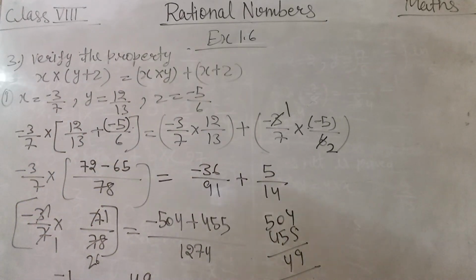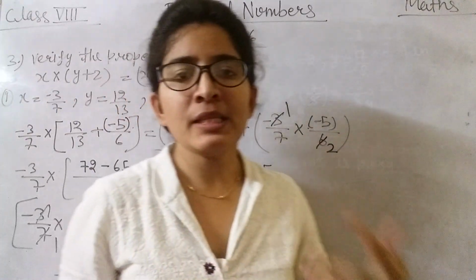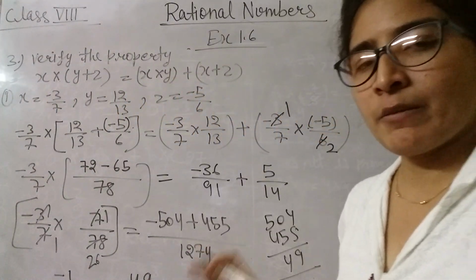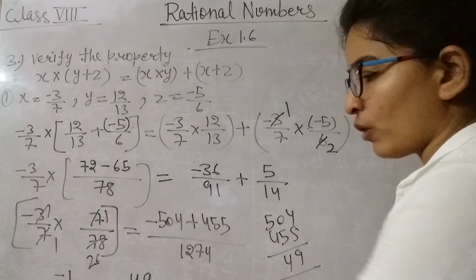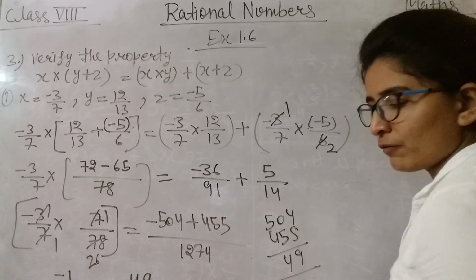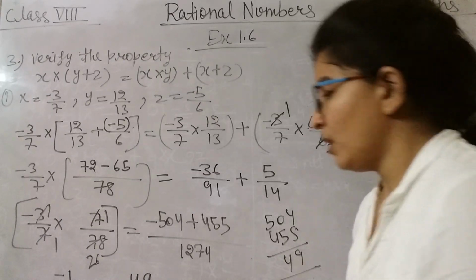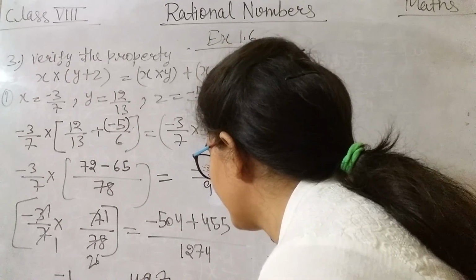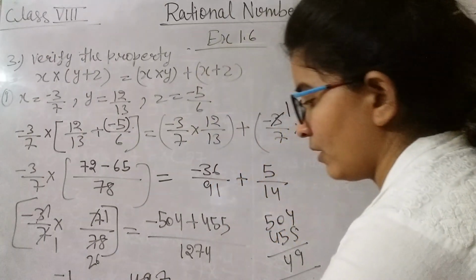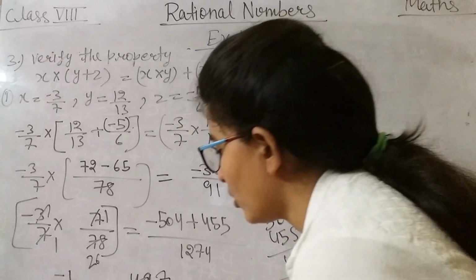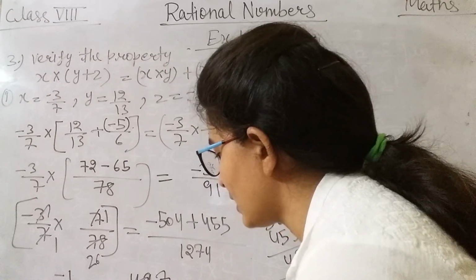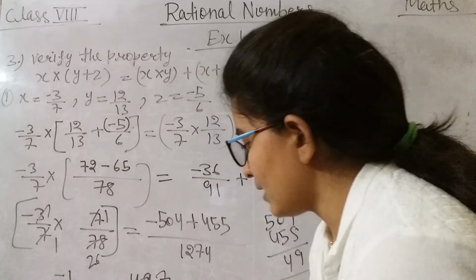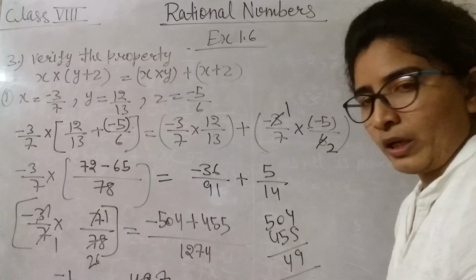Now we have a very big number, but we can see whether it is divisible by a common number. So 49, and 1274, that is divisible by 7. So 7 sevens are 49, 7 ones are 7, we have 5 here. So 7 eights are 56, and we will have 1 here, 7 twos are 14.